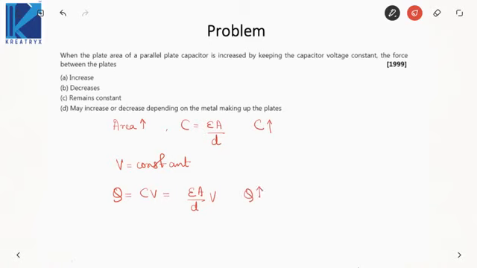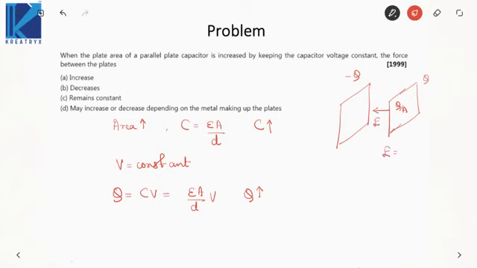Now how to calculate the force? To calculate the force on one plate, you have to take the electric field due to the other plate. These plates have the charge Q and minus Q. So the charge density will be Q by A. So what will be the electric field due to a plate charge or a sheet charge?